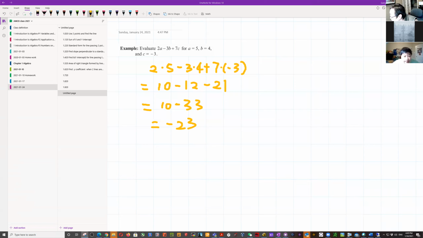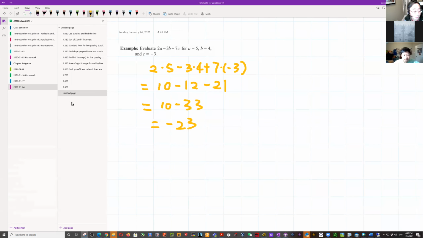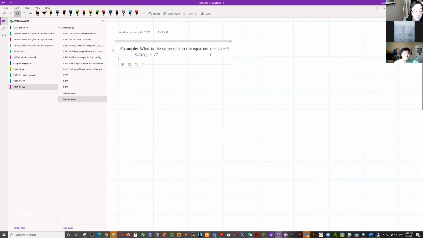And so the second example is going to evaluate the next one. What is the value of x in the equation y equals 2x minus 4 when y equals 7?